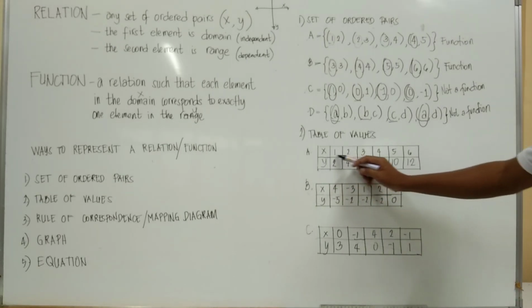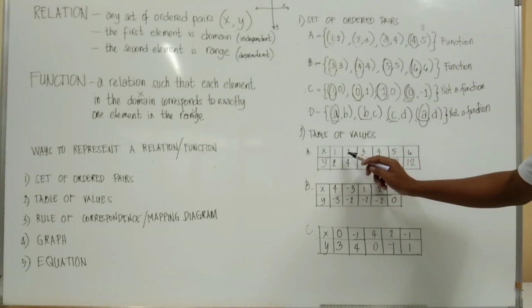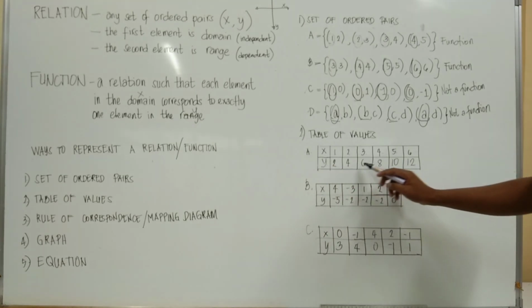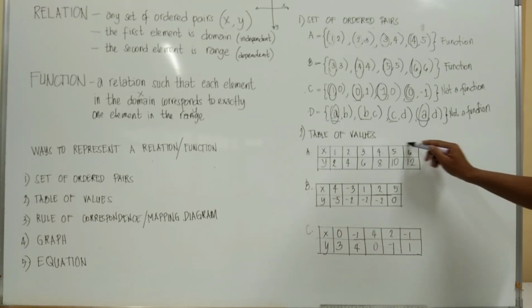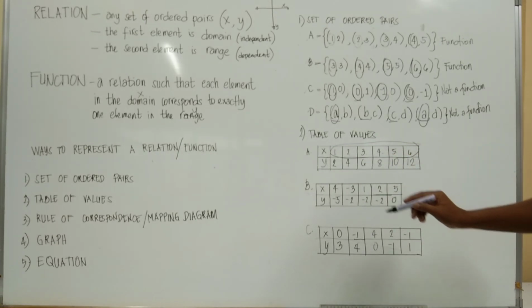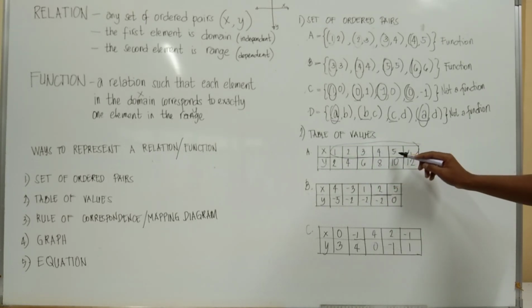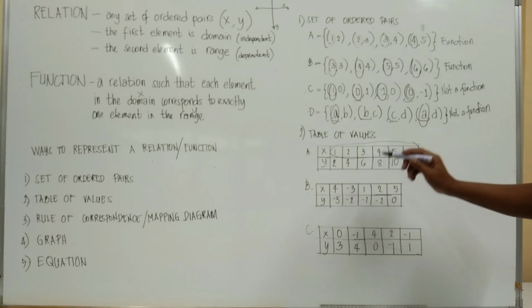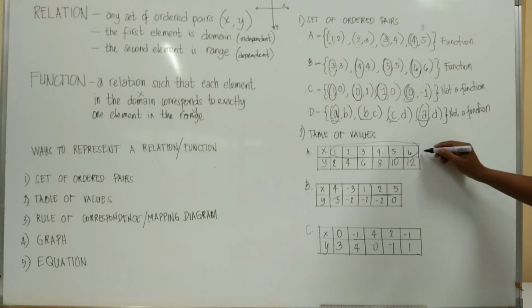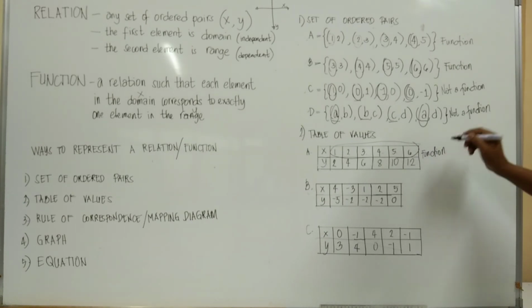Your X values or domain are 1, 2, 3, 4, 5, and 6. Your range are 2, 4, 6, 8, 10, 12. Focus on your domain or X. Each element of your domain corresponds to exactly one element of your range, so we can say that this is a function.